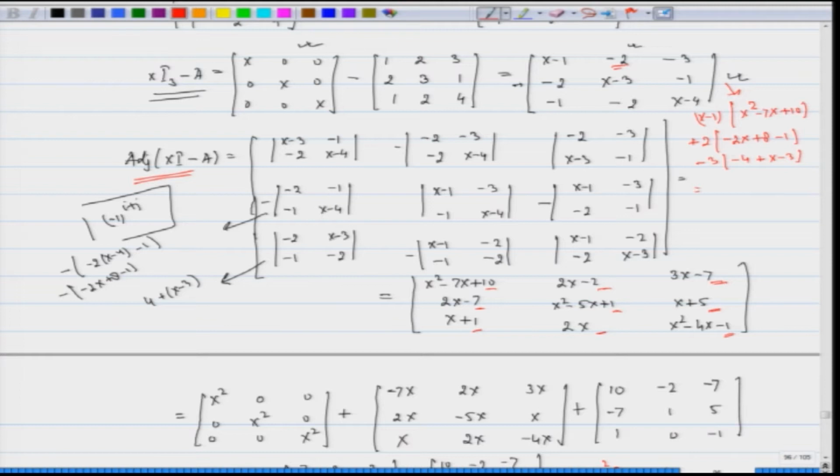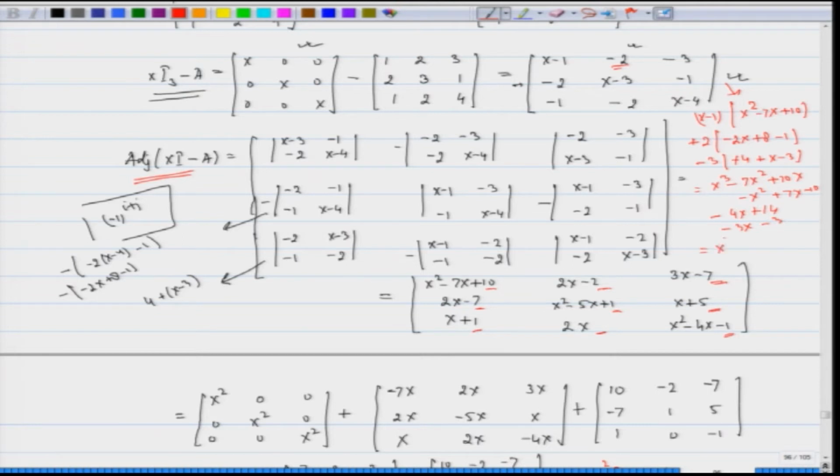So, this is the same as x cube minus 7x square plus 10x minus x square plus 7x minus 10, minus 4x plus 14, minus 4 minus 3. I think this is wrong; let me look at it, this is plus 4, then x minus 2, this is plus 4. So, it is x plus 1, so minus 3x minus 3.